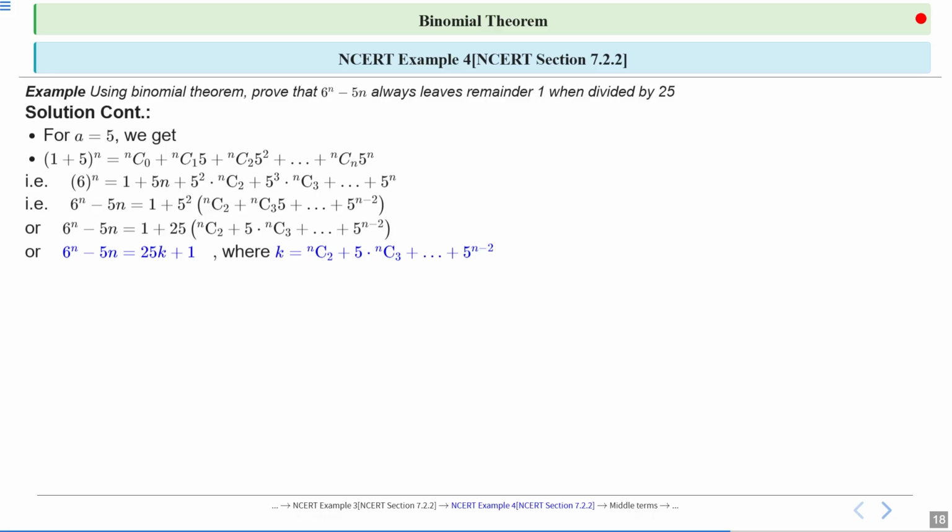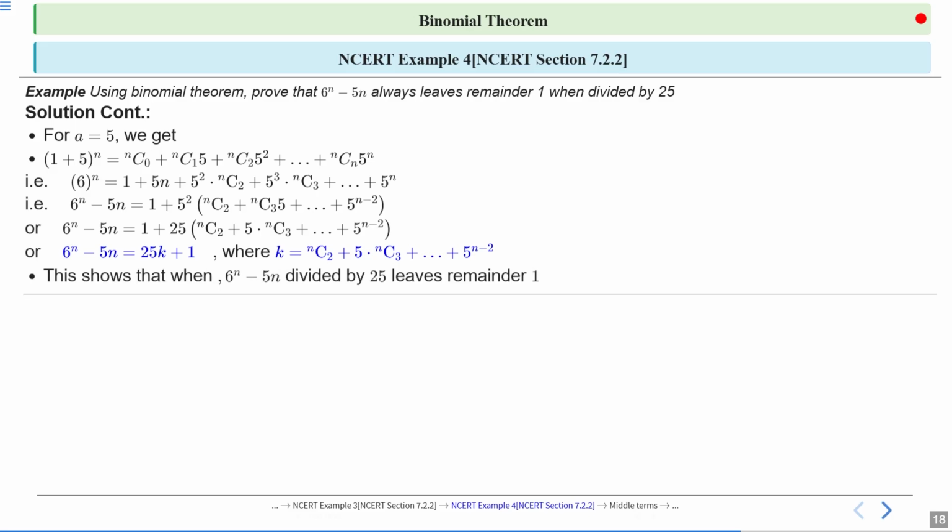Or 6 to the power n minus 5n is equal to 25 times k plus 1, where k is equal to nC2 plus 5 times nC3 plus dot dot dot plus 5 to the power n minus 2. So this shows that when 6 to the power n minus 5n is divided by 25, it leaves remainder 1.